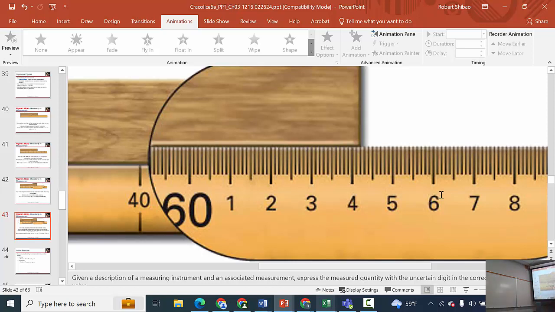This is 64.1, 64.2. But it doesn't quite make it to the 64.2. Do you see that? Yeah. And so for sure it's 64.1, there's no uncertainty there, and it's almost 2, so we'd say maybe 64.19.